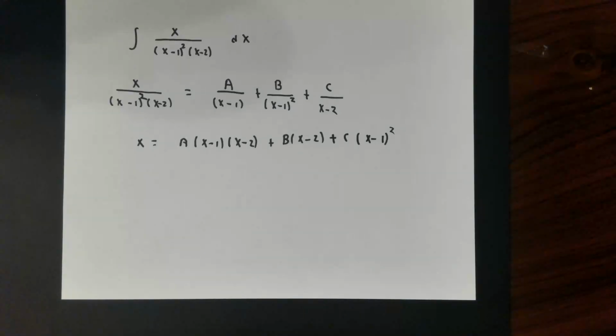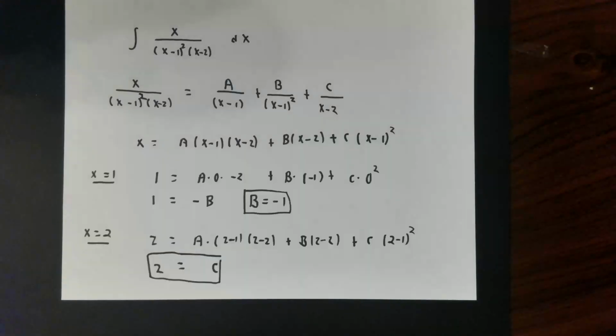We have to include b over x minus 1 squared. If it had been x minus 1 to the third power, there would be an additional term involving a constant over x minus 1 cubed, and so on.